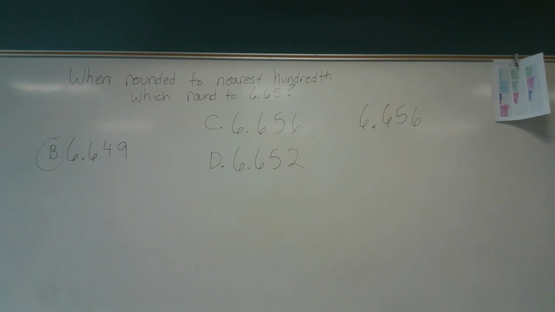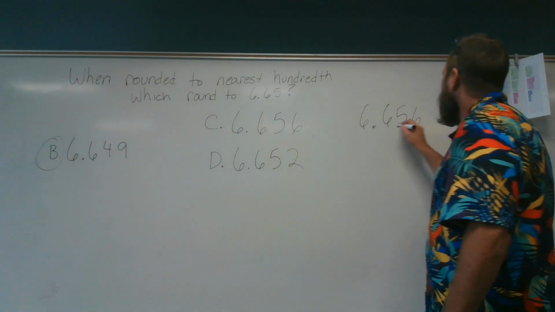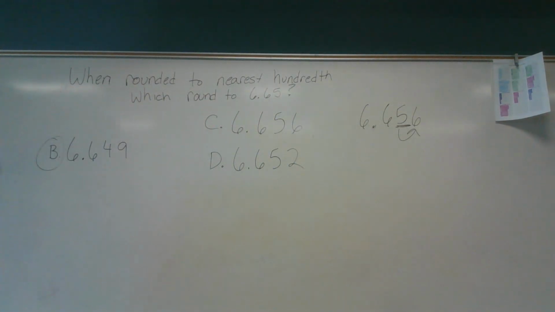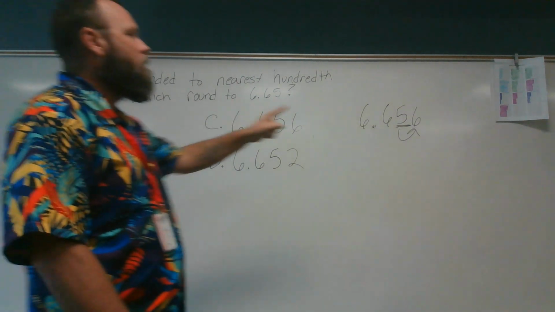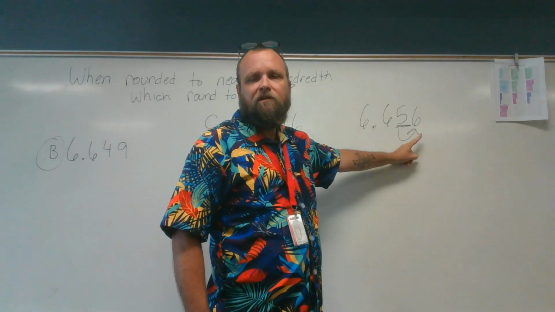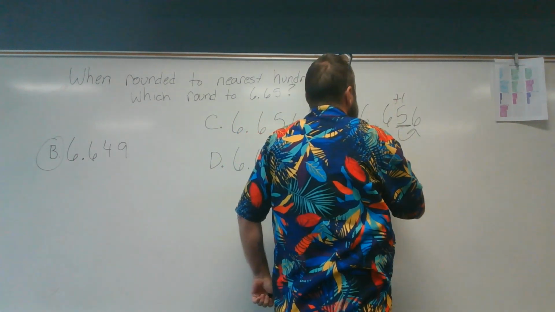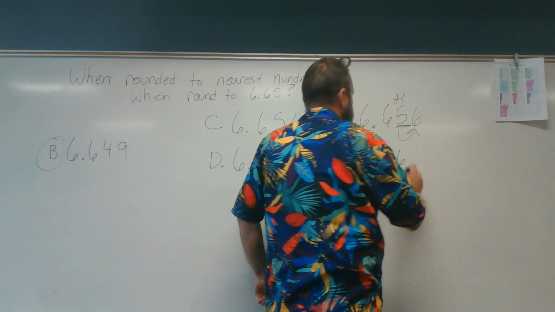The 5 is in the hundredths place. I look behind it. In the thousandths place, I have a 6. So do I add 1 to the 5 or add nothing to the 5? I add 1 to the 5 because the number behind it is 5 or greater. So this becomes 6.66.